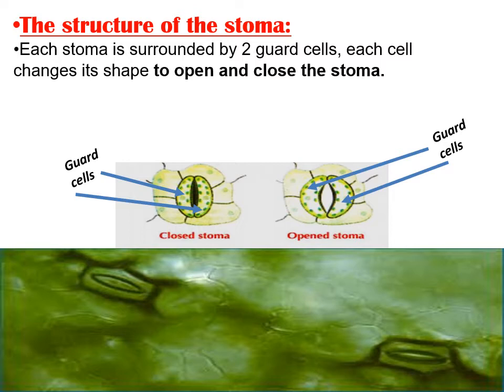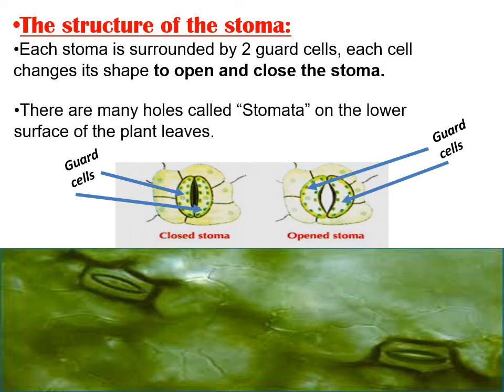As you see in the figures below, on the right, the guard cells are swollen and apart from each other, so the stoma is opened, while on the figure on the left, the guard cells are close to each other, so the stoma is closed.